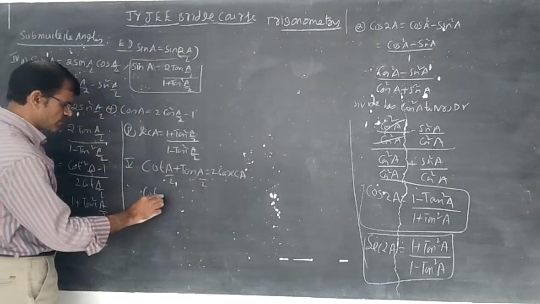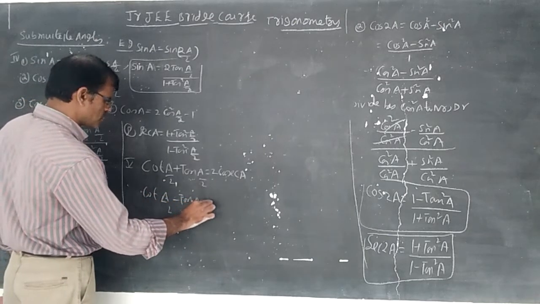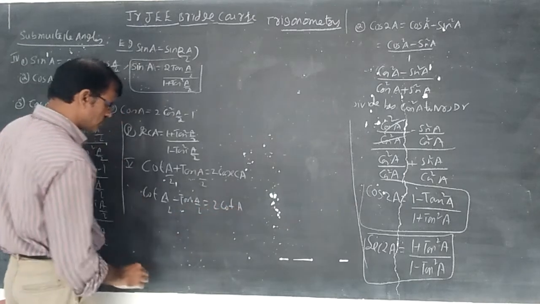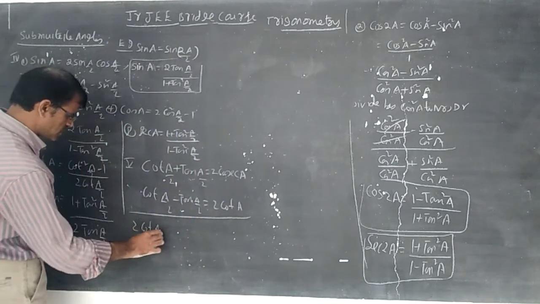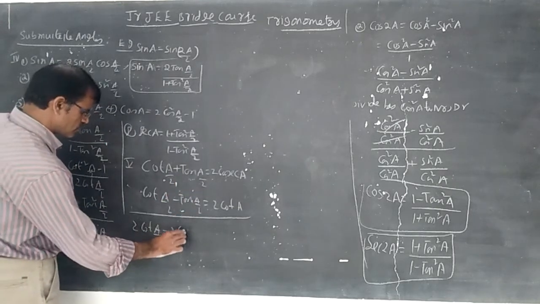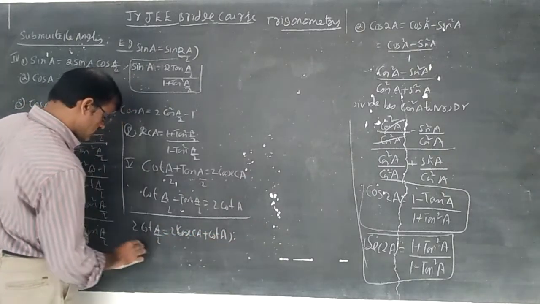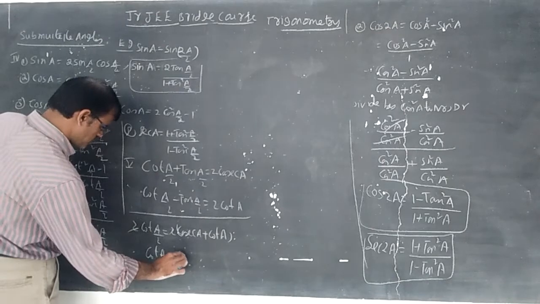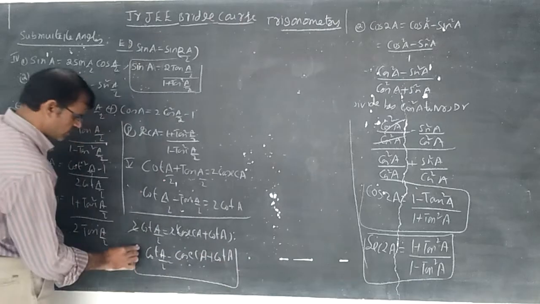And in the similar way, cot A minus tan A we got as 2 cot 2A, so cot A by 2 minus tan A by 2 is equal to 2 cot A. By adding these two, we get 2 cot A by 2 is equal to 2 into cosec A plus 2 into cot A. So 2 gets cancelled: cot A by 2 is equal to cosec A plus cot A. This is a formula.